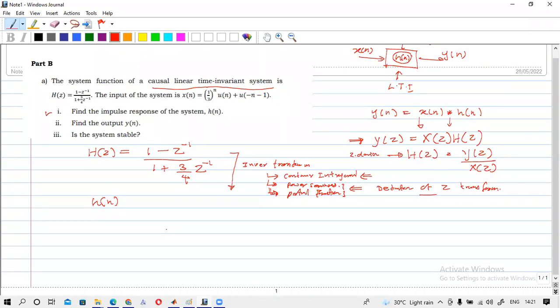So which method do you think we should use? Series expansion or the partial fraction method? What do you think?